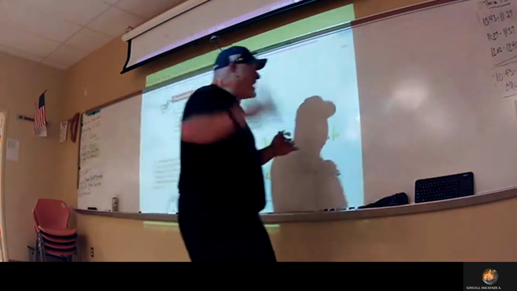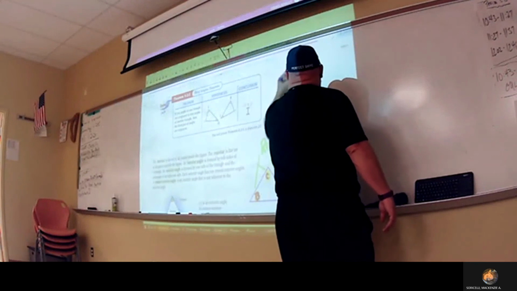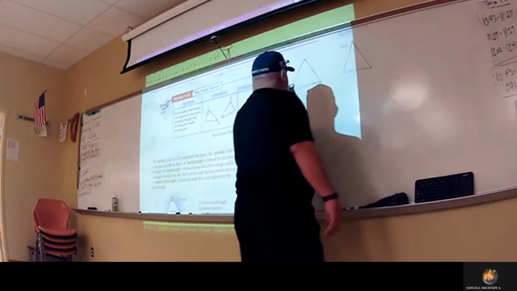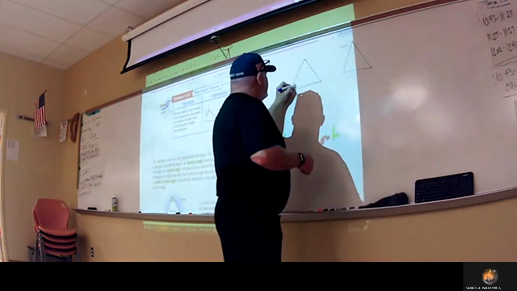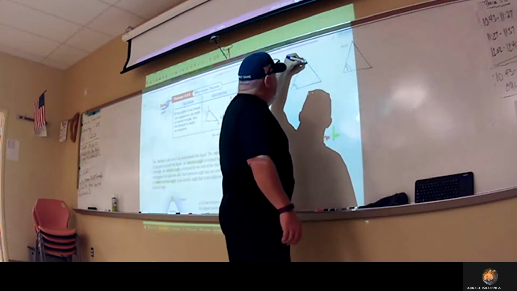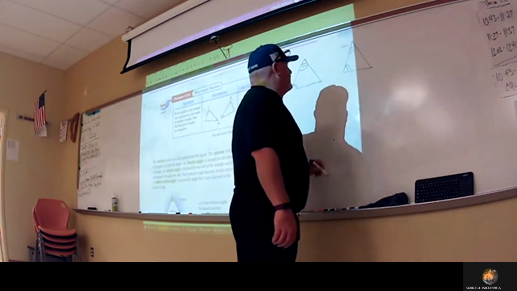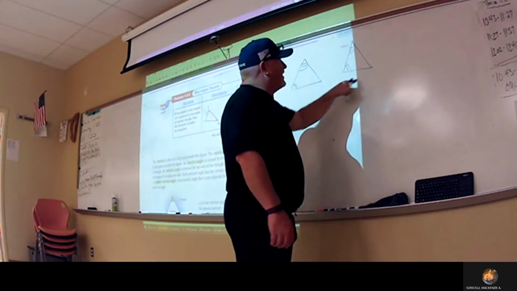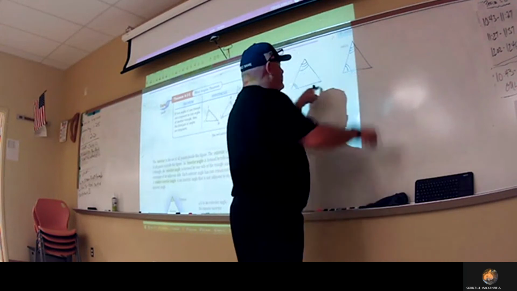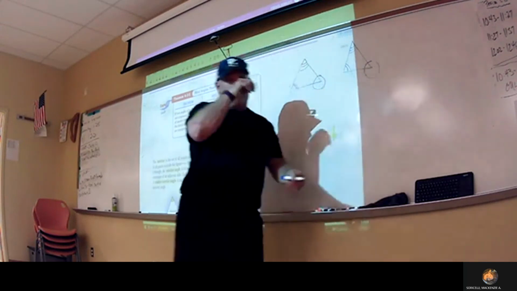So, using the angle tick marks as the idea, if I've got this triangle here and this triangle here, and this one has two tick marks and this has two tick marks, and this one has three angle tick marks, and this one has three angle tick marks, the third angle is also, these angles are also congruent to each other.